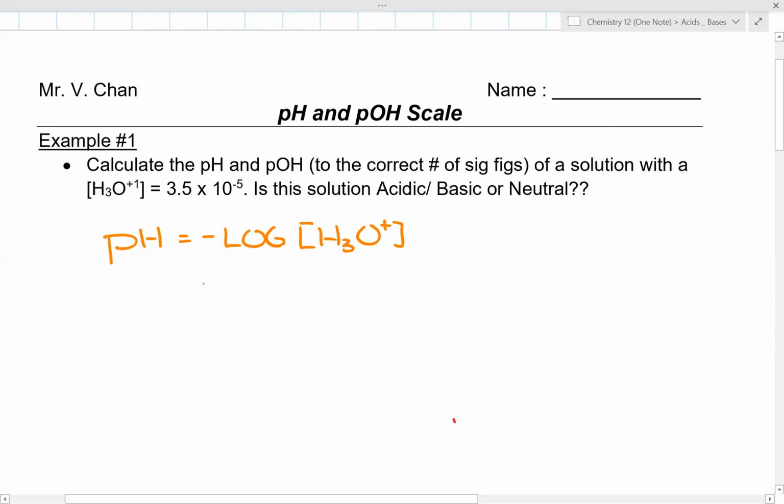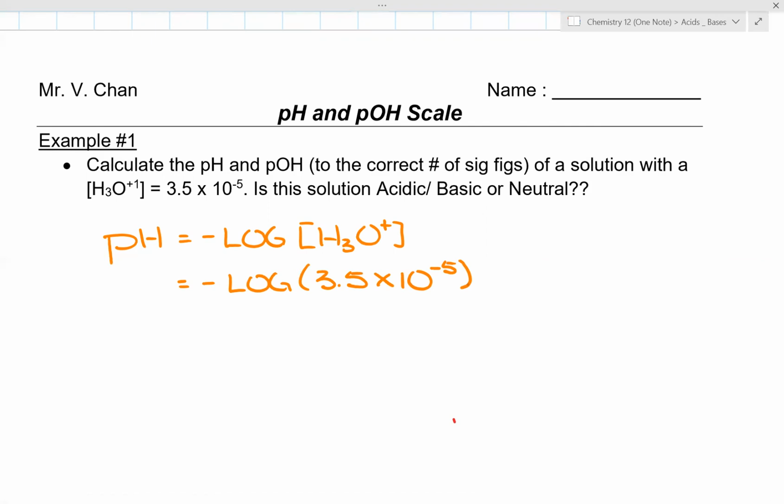So in this case, if I do negative log of 3.5 times 10 to the negative 5, I would get a pH value equal to 4.46.